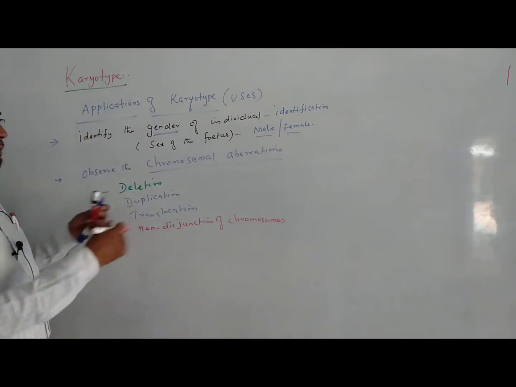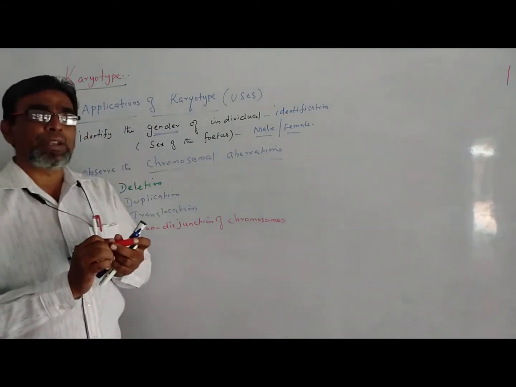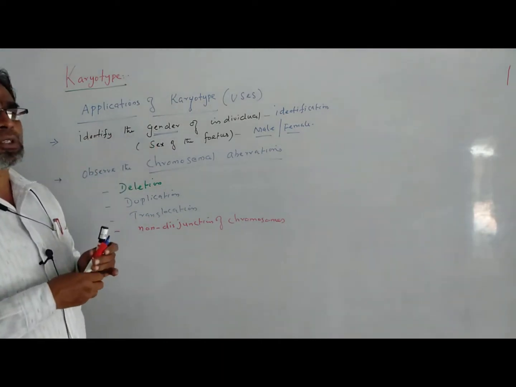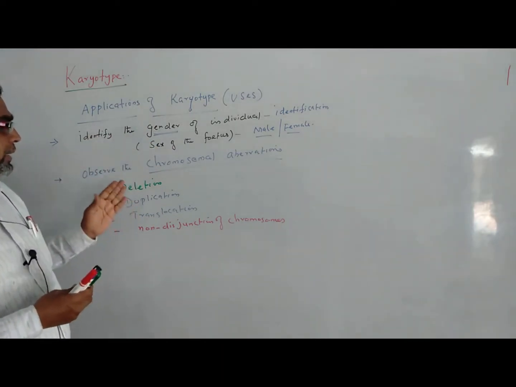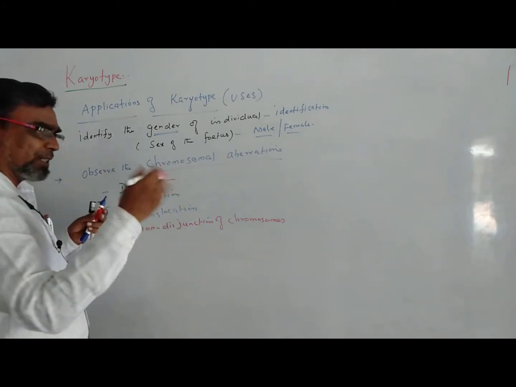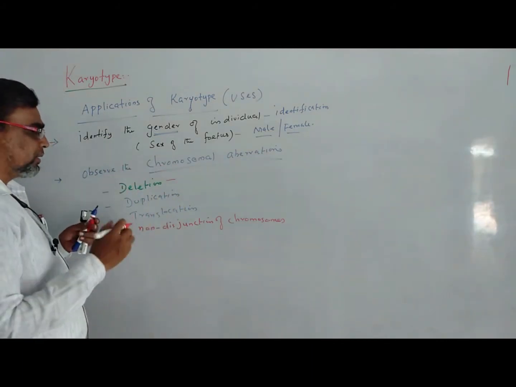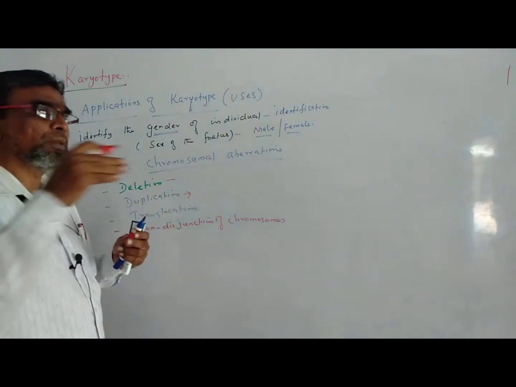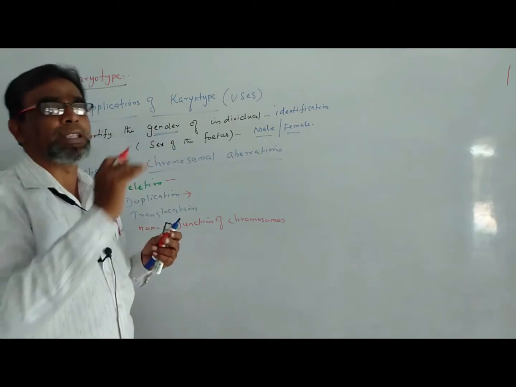These are the abnormalities that take place during cell division. With the help of the study of chromosomes, we can easily observe that deletion means one chromosome is deleted, one chromosome is less. Duplication means sometimes one more chromosome will be added, so an extra chromosome will be there.